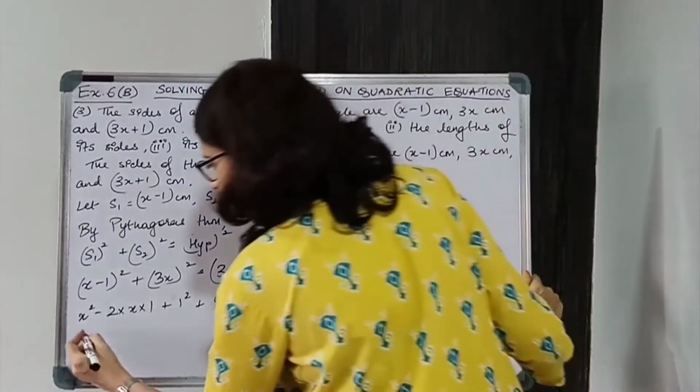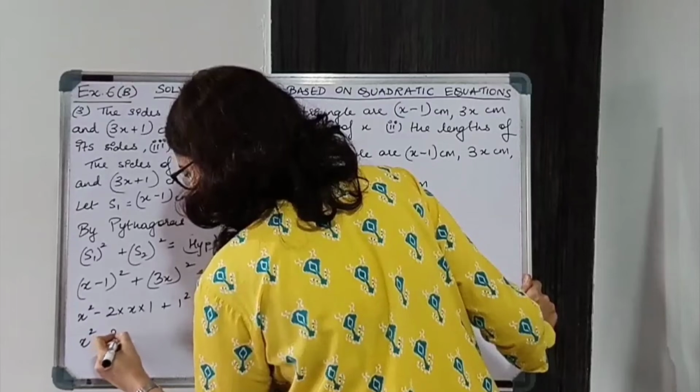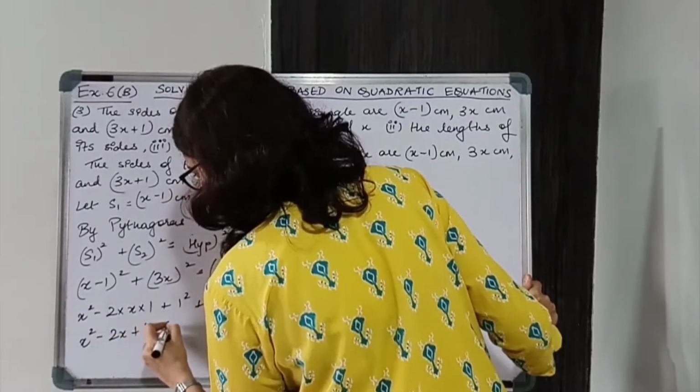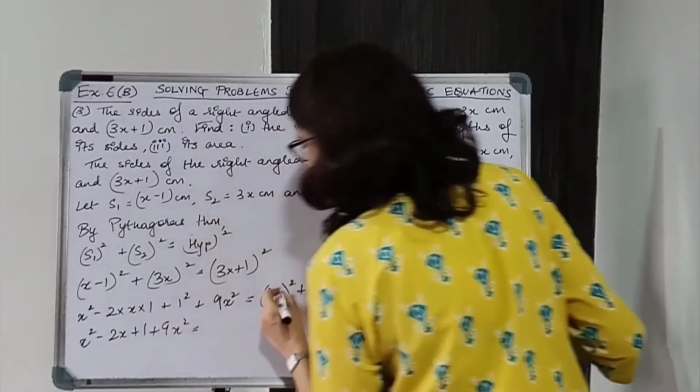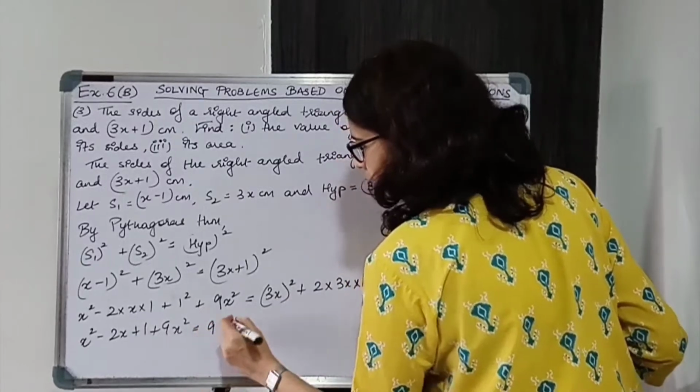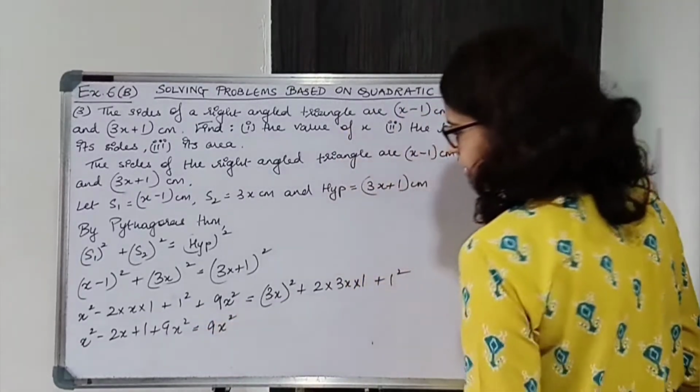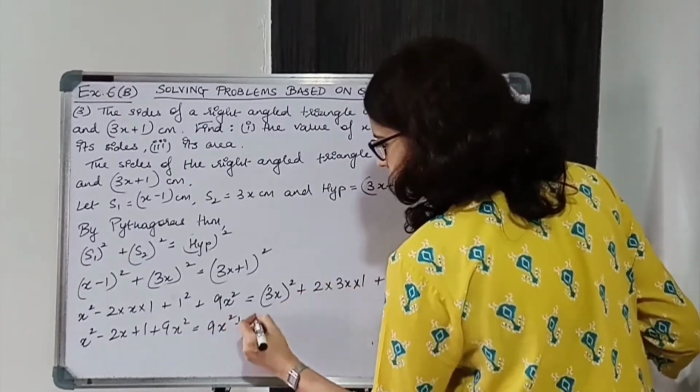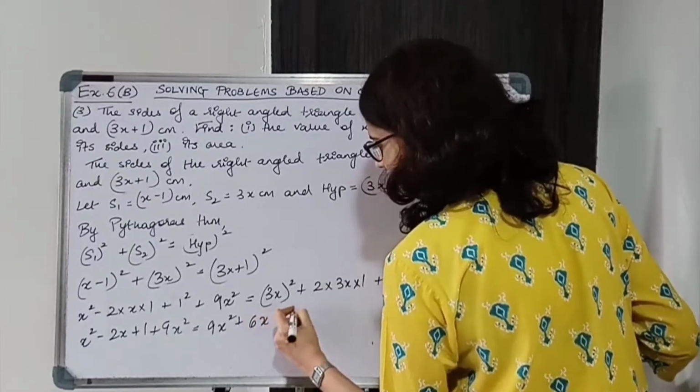Okay, so x square minus 2x plus 1 plus 9x square is equal to 3 square is 9. This will be x square plus 2 3s are 6x plus 1.